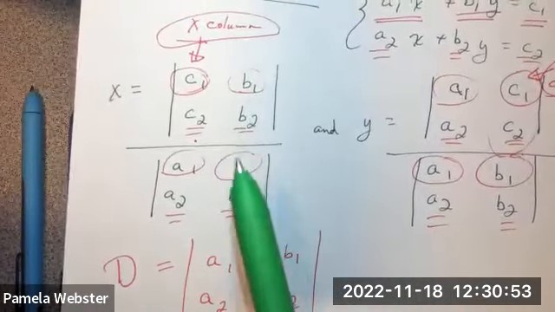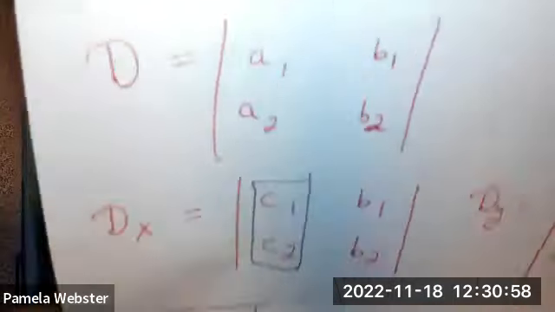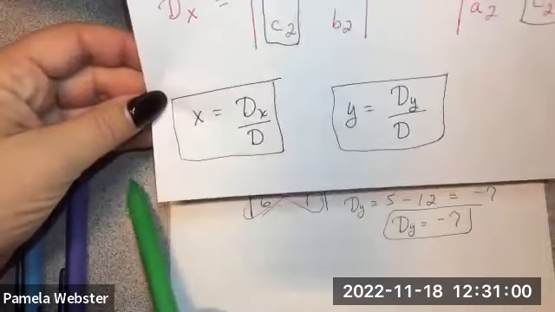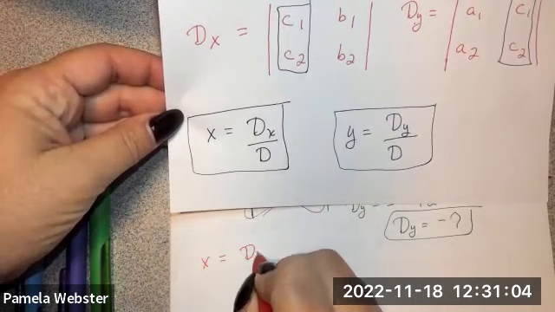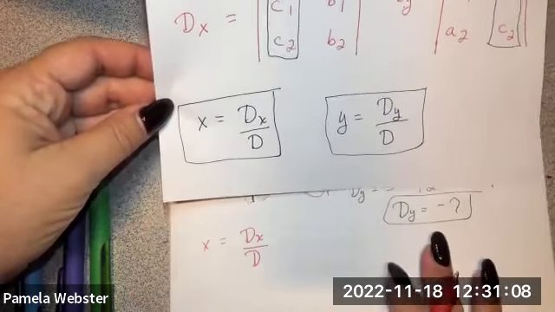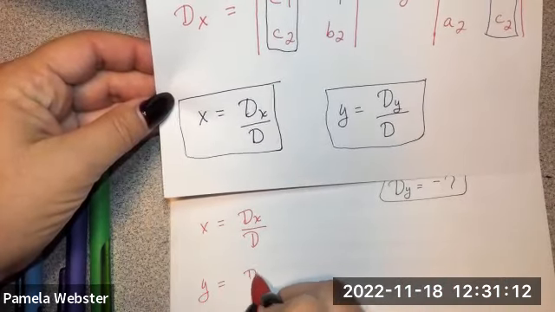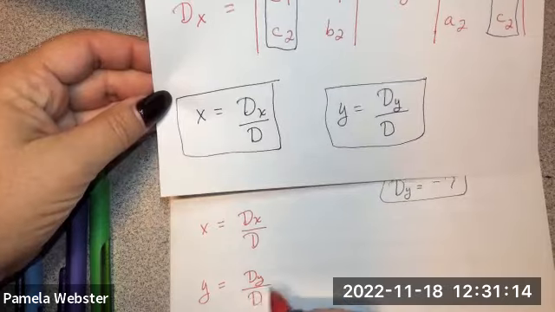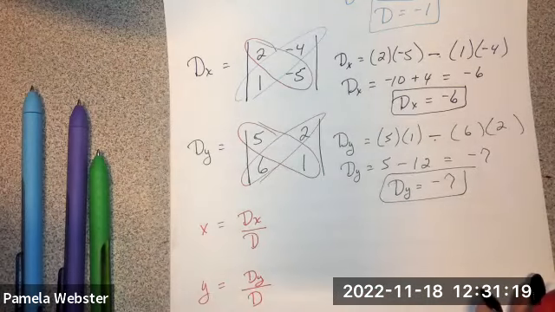Remember, it was the dx over the d to give me my x value, and the dy over the d to give me the y value. So way down here, I had those written. Okay. X is going to be, I'm sorry, I said that backwards, didn't I? The dx over the d, yeah. And I think I said the d over the dx. So ignore what I said a second ago. Make sure you put the determinant that matches with the variable I'm trying to solve for on top.